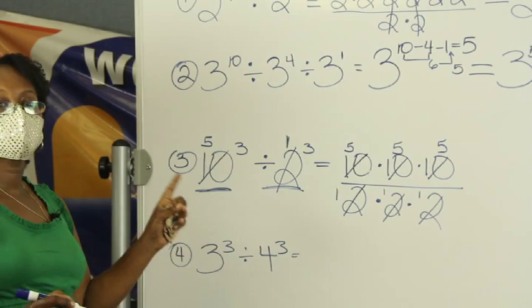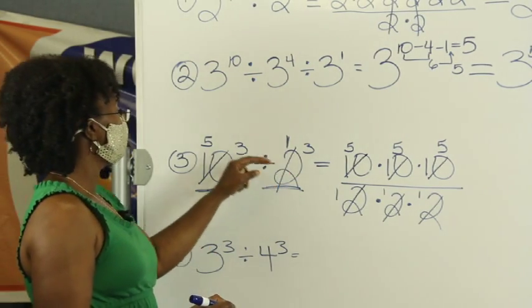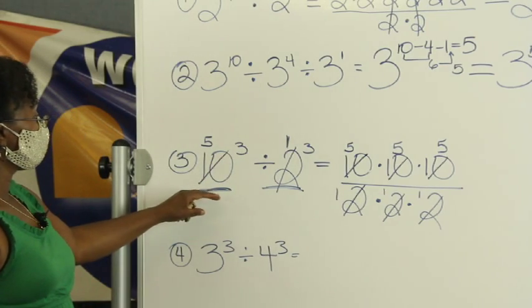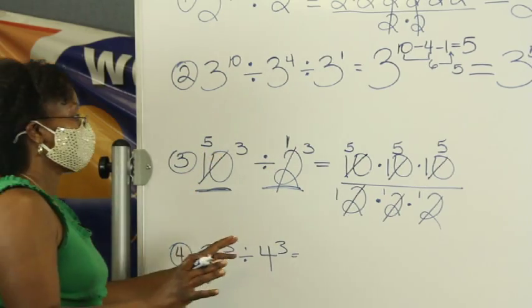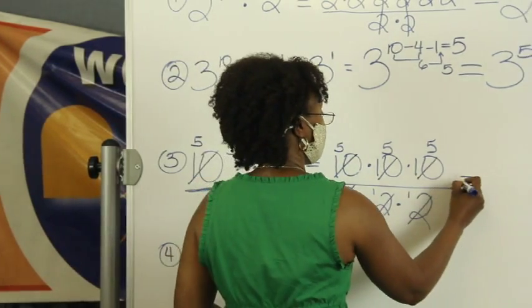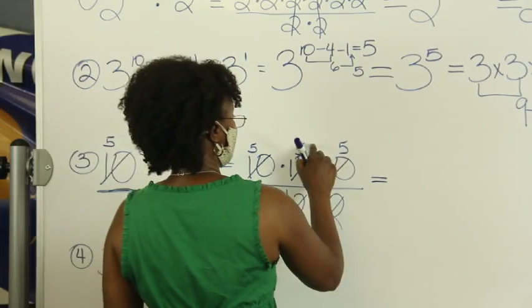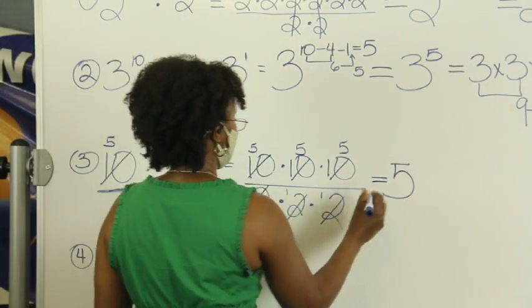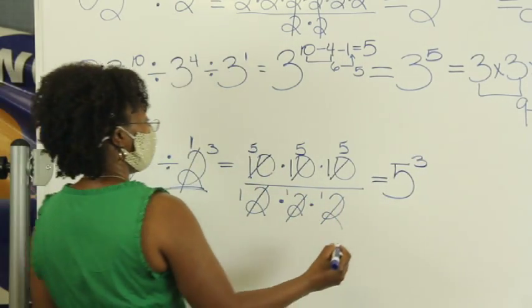Doesn't that make it easier to solve? It does. As long as you're using the same factor for the top and the bottom, it'll work out, okay? So now what do we have? 5. Which the 5s are here, 5 to the 3rd power. We didn't change the exponents.